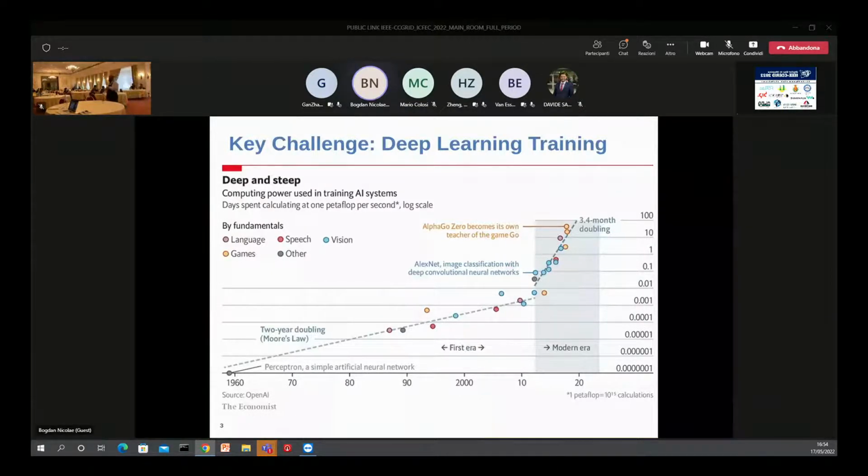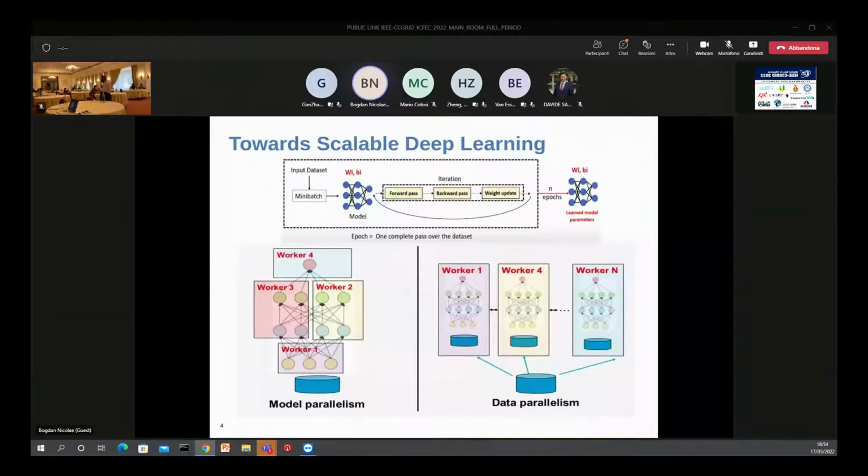So what exactly does the training involve? We have an input data set, and this is split into mini batches, obtained by sampling data from the input data set. Then we have a deep learning model that originally starts with random weights, and we have iterations that involve this mini batch.